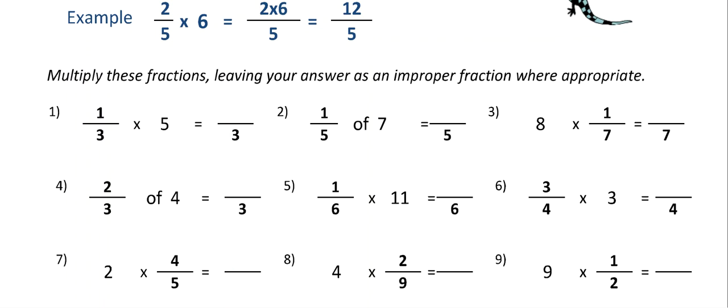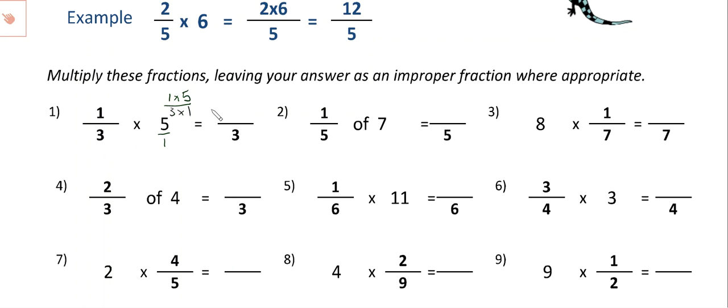Let's just talk through a few answers just to check that you're all good. So remember, what we could do is write it as 5/1. And then we've done multiply the top, so that would be 1 times 5 divided by 3 times 1. That's what we've done.